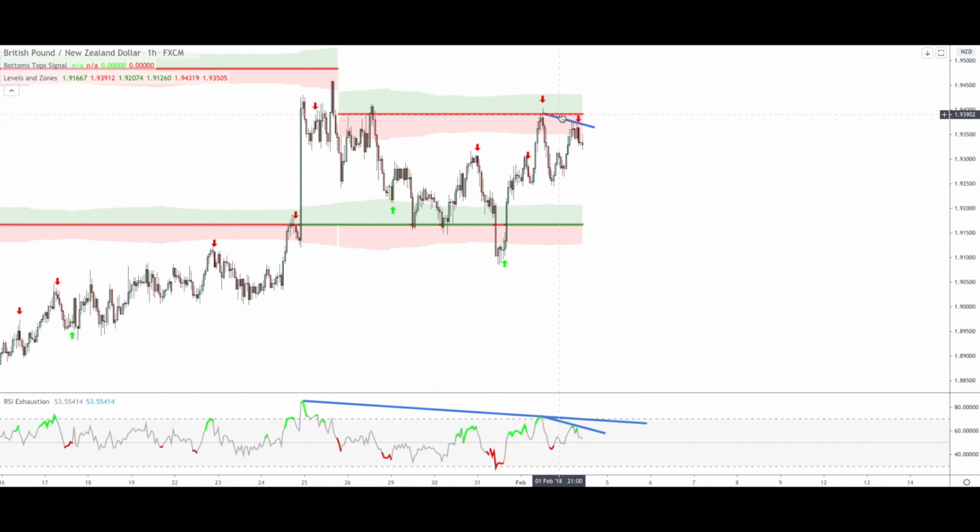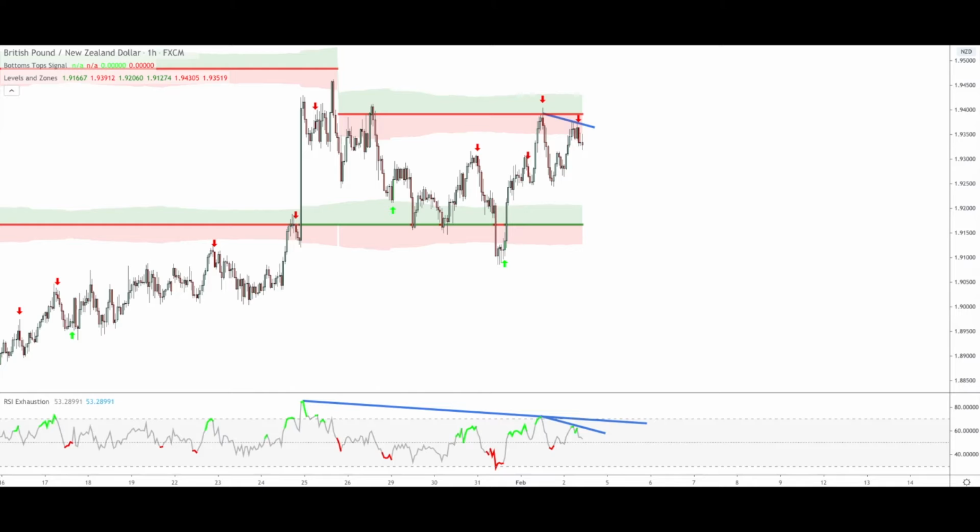So we have this resistance which is pushing the price lower. The second condition, because we don't build a setup just because of this, of course we don't. We need to check multiple conditions, and all these conditions must be met. The first condition, divergence, cannot be technically checked, but we have this major resistance which is pushing the price down. So we are confident enough that the price should continue to go down.